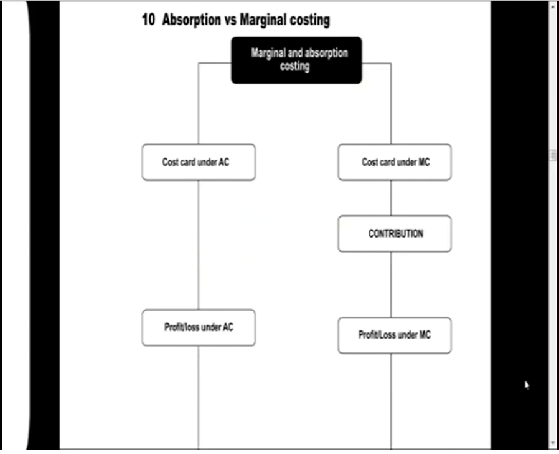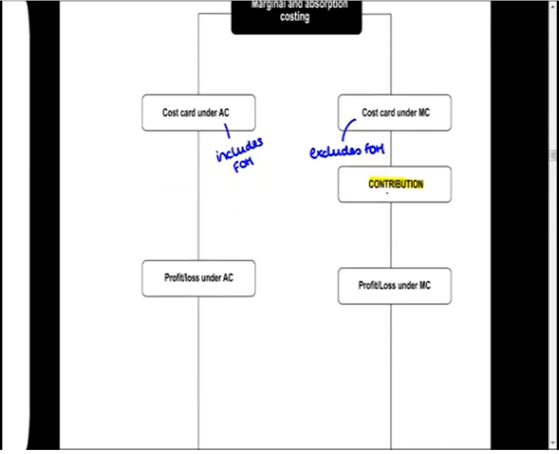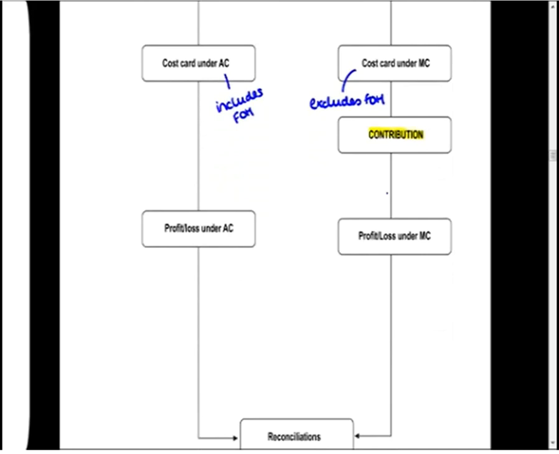So the cost cards are different under absorption costing and marginal costing because of this idea of calculating contribution under marginal costing and working out the full production cost under absorption costing. So the cost card under absorption costing includes fixed overheads, and under marginal costing it excludes the fixed overheads. And so the profit figures were different and we need to look at reconciling them.